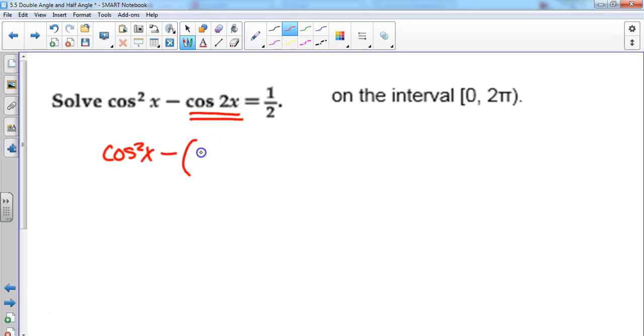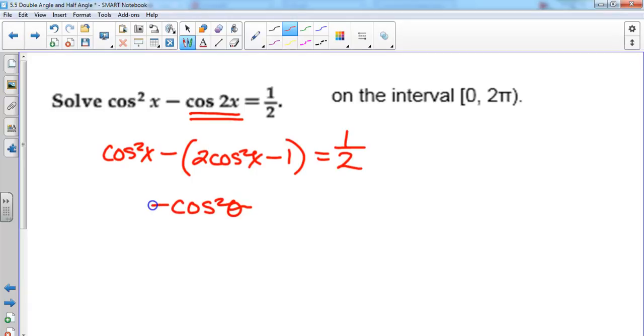What was the one I said? 2 cosine squared minus 1? Did I say it in the right order? Okay. I would have gone with that one just because I wasn't introducing a function that wasn't already part of the problem. All right, if I distribute the negative, I get 1 minus 2 is negative 1 cosine squared, but what else is over here?